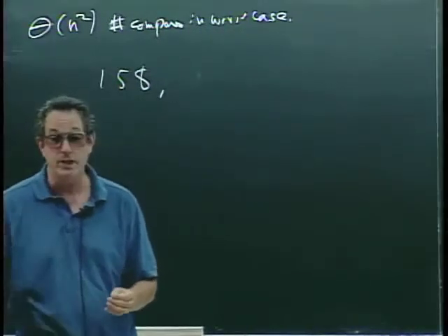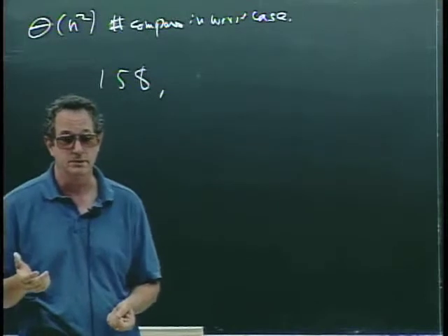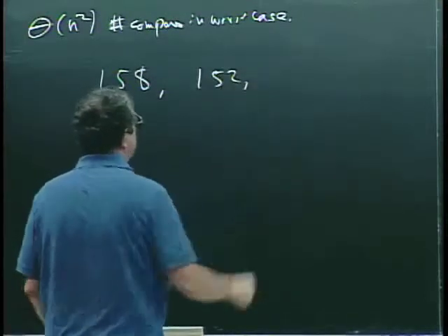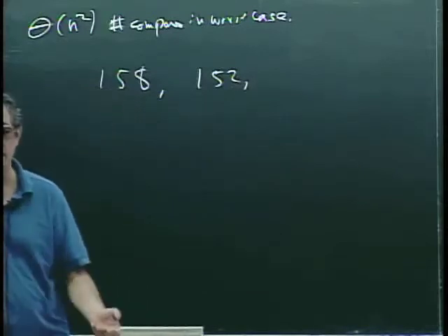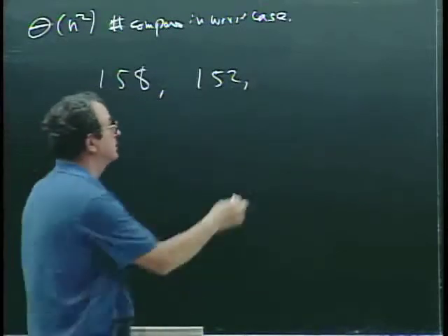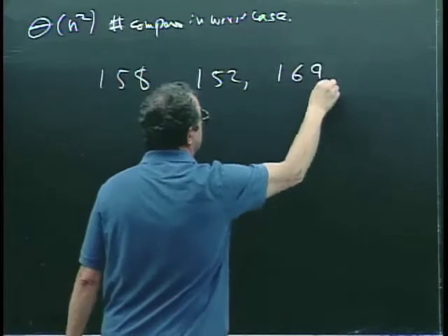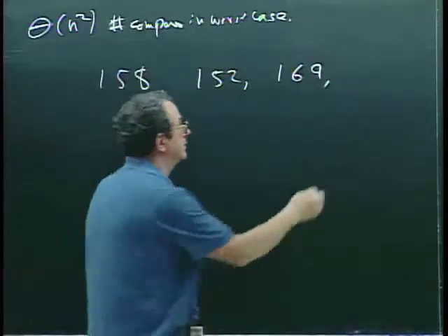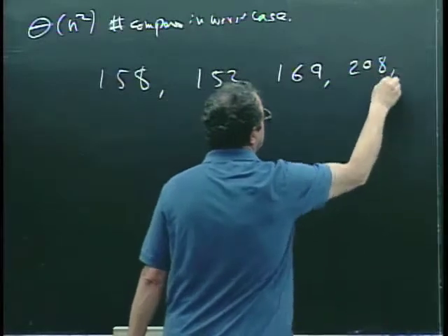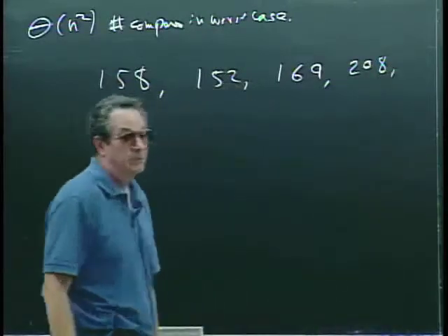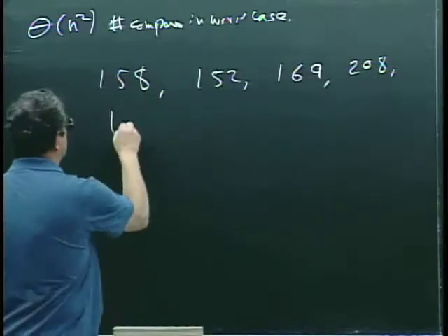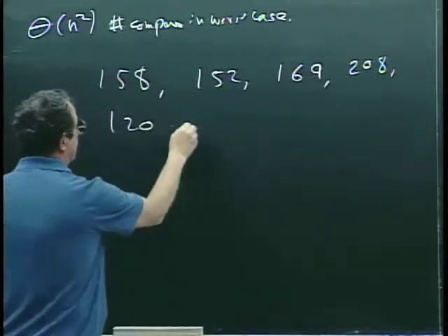Then I run it again with exactly the same data, and this time it's 152. And then I run it again with the same data, and it's 169. And then I run it again, and for some strange reason it turns out to be a lot more, 208. And then I run it again, and this time it's 120, and so on.